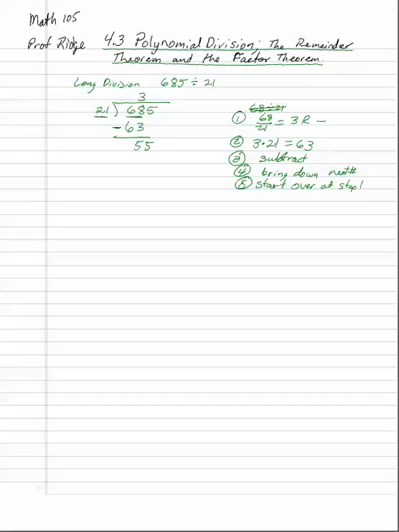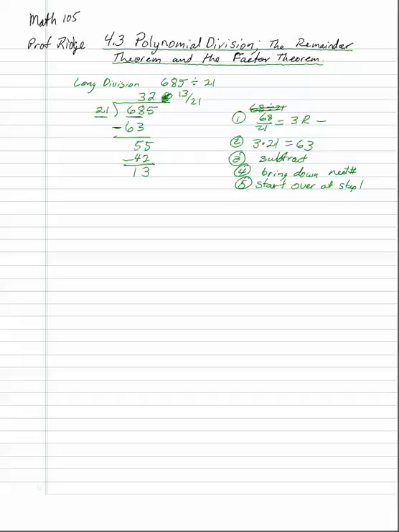Okay, so you're pretty familiar with long division, hopefully. So 2 times 21 is 42, subtract, 13, and then that's a remainder. So we can write remainder 13, or if we want to write it as a fraction, we're going to write 13/21.